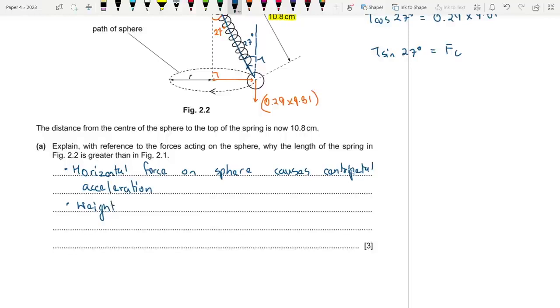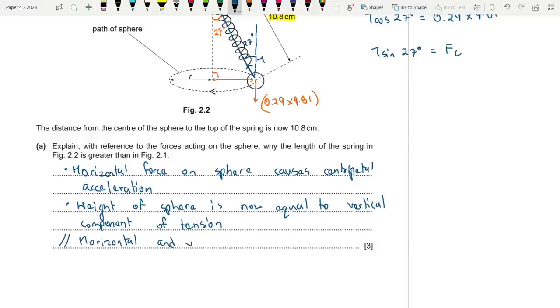Now you can say that weight of sphere is now equal to vertical component of tension, or there was an alternate answer to the one I said, horizontal and vertical components of force now combine to give greater tension in the spring.